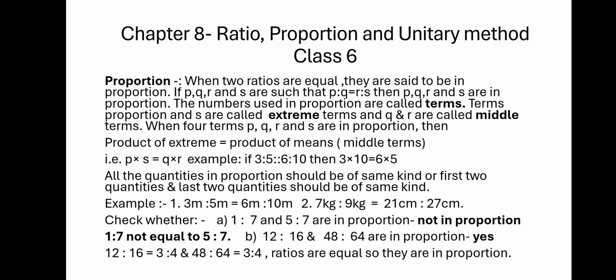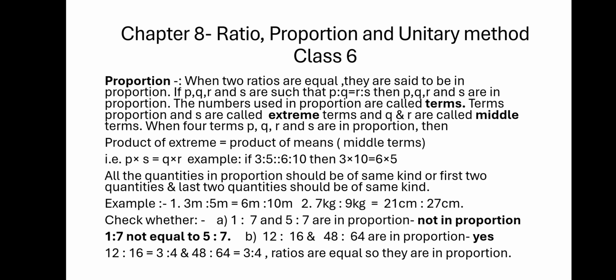Check whether 1 is to 7 and 5 is to 7 are in proportion. They are not in proportion, because 1 is to 7 is not equal to 5 is to 7. B. 12 is to 16 and 48 is to 64, are they in proportion?